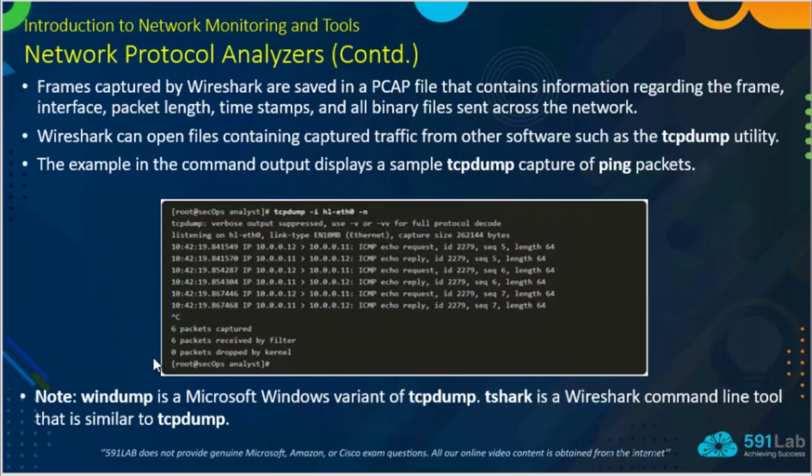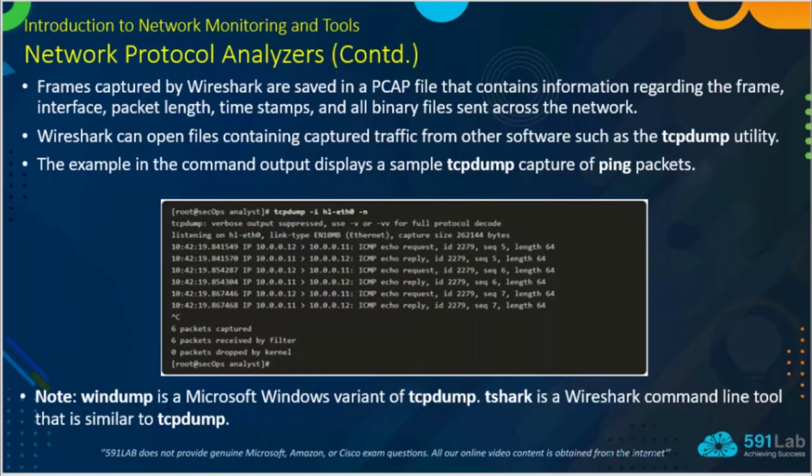So we can capture a file with the tcpdump utility and use Wireshark to open it. The example here shows tcpdump. tcpdump is an open source utility pre-installed in Linux and macOS, but not in Windows.